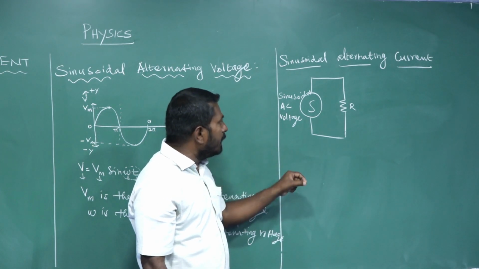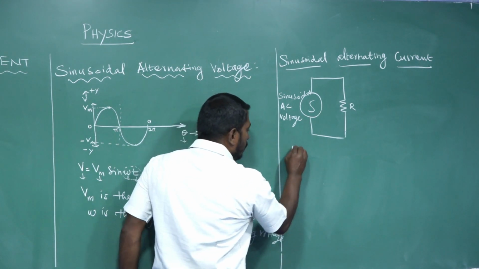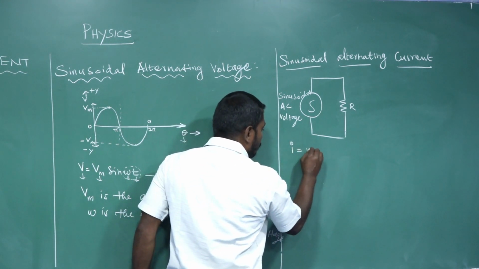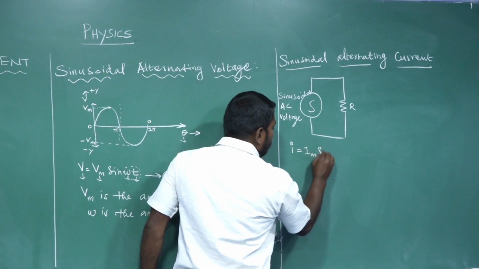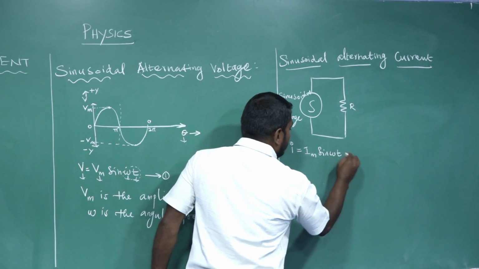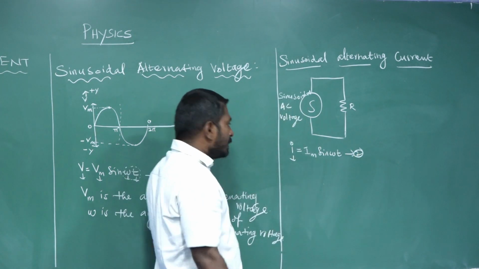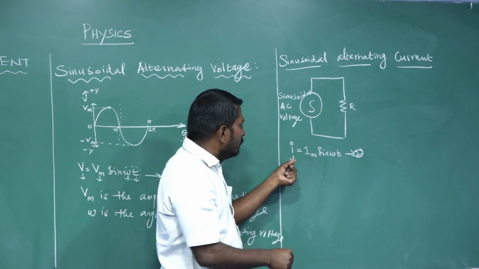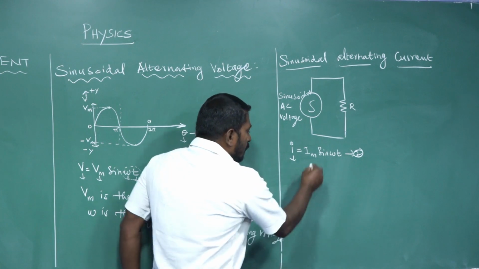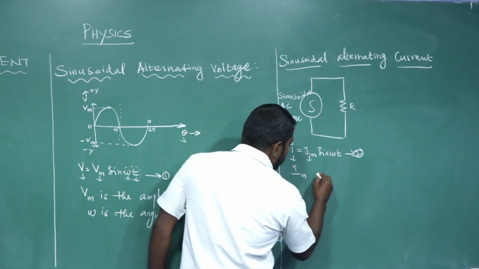The instantaneous value of alternating current is given by the expression I equals Im sin omega t, equation number 2. Small i represents the value of alternating current at that instant, and Im is the amplitude of alternating current.